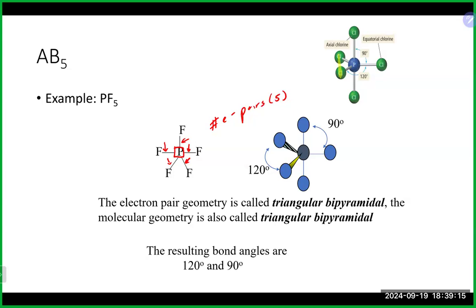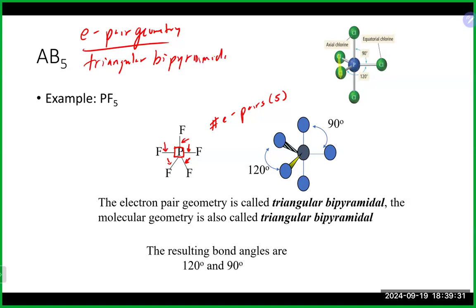Something with 5 electron pairs has an electron pair geometry known as triangular bipyramidal. Once again, if we count up the bonds, we got 1, 2, 3, 4, 5 bonds.